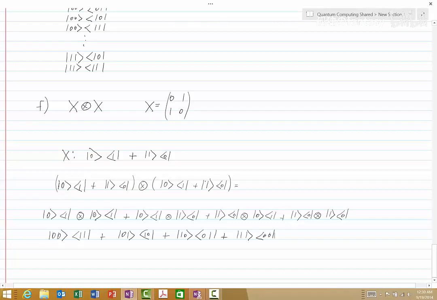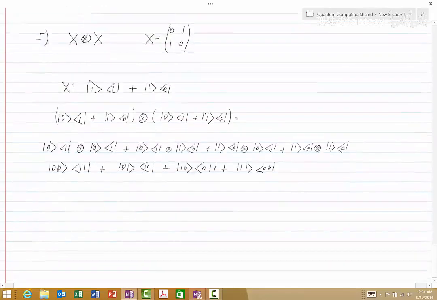When we take the tensor product of two of these operators with each other, we look at the ket parts together, 0 and 0, to form this, and then the bra parts together, 1 and 1, to form this. Again, the ket parts, 0 and 1, the bra parts, 1 and 0, and so on.